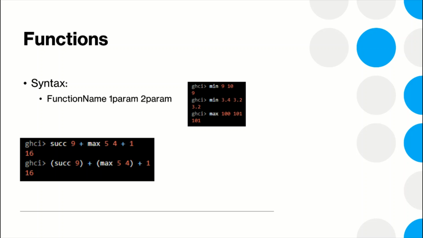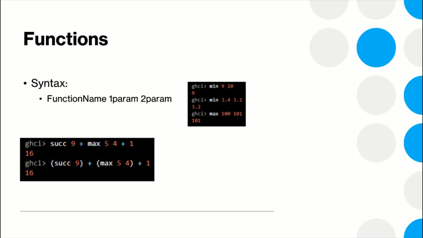Another example is succ 9 plus max 5 4 plus 1 that gives us 16. The succ function gives us the successor of the number, in this case 10.